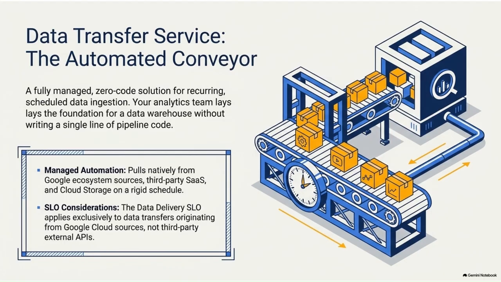So Data Transfer Service is one of the ways. It is a fully managed, zero-code solution for recurring schedules. Your analytics team lays a foundation for the data warehouse without writing a single line of code. We all know that.